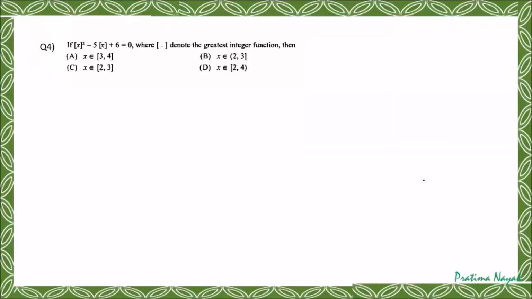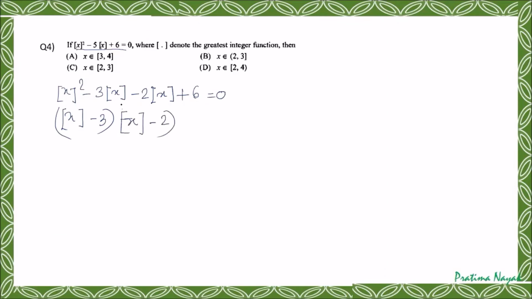Next question is, the greatest integer function: [x] squared minus 5[x] plus 6 is equal to 0. So we can factorize this. This will be ([x] minus 3)([x] minus 2) is equal to 0.